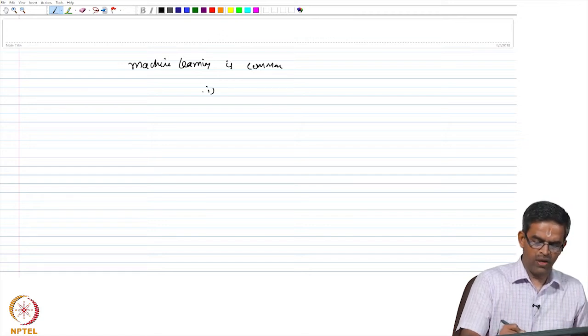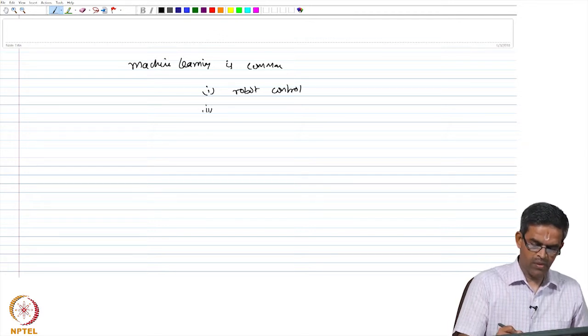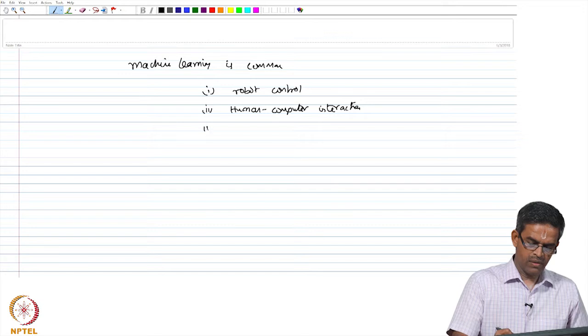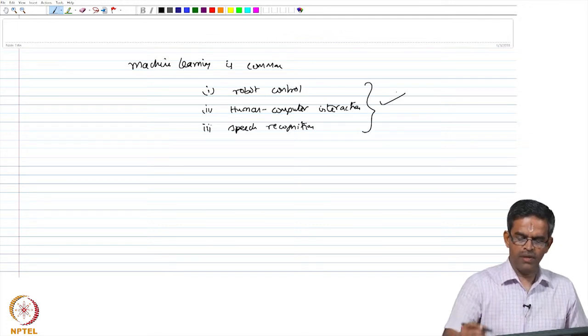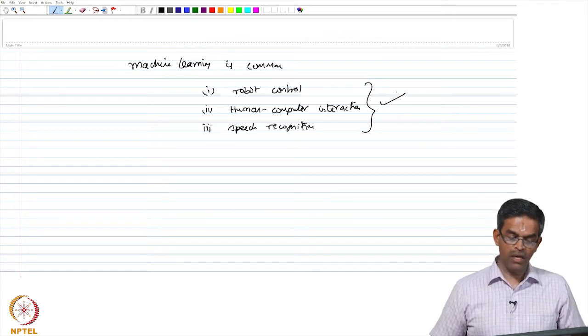In the following fields: robo control, studies related to human computer interaction, speech recognition, etc. These fields we have been using machine learning, training the machine for existing data very commonly.